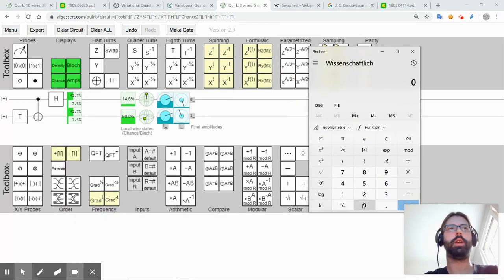So now you'd have 0.42 plus 0.073 plus 0.42.